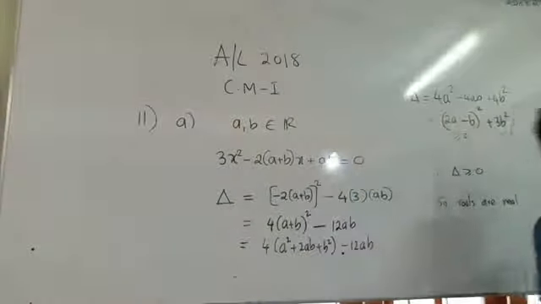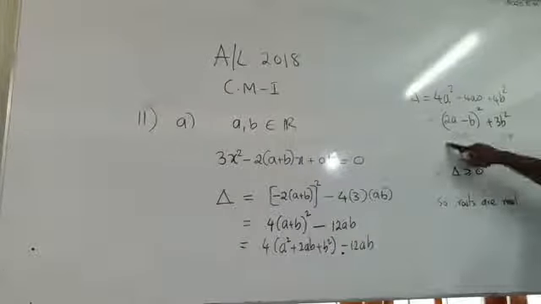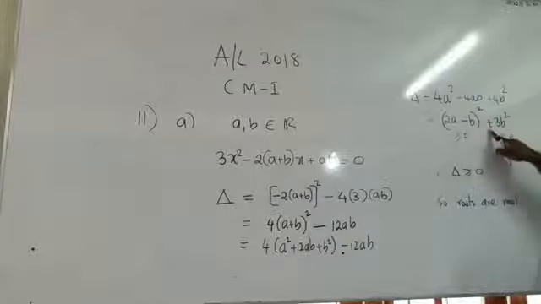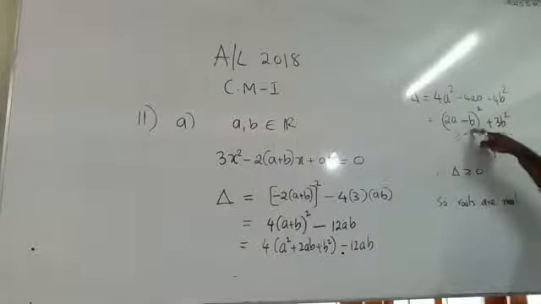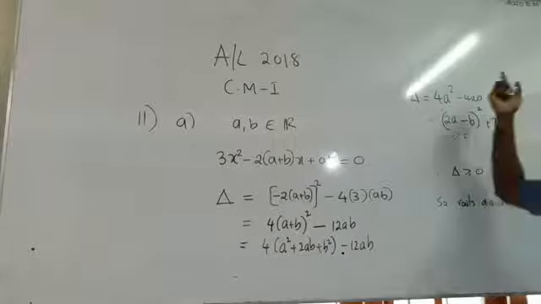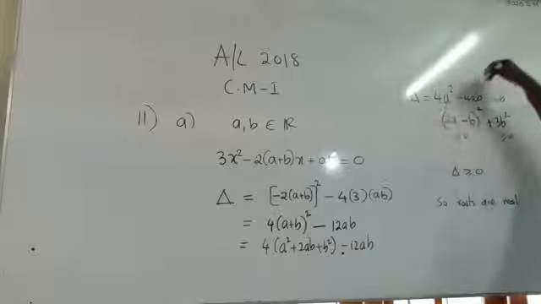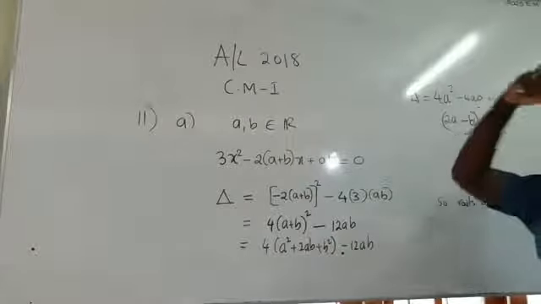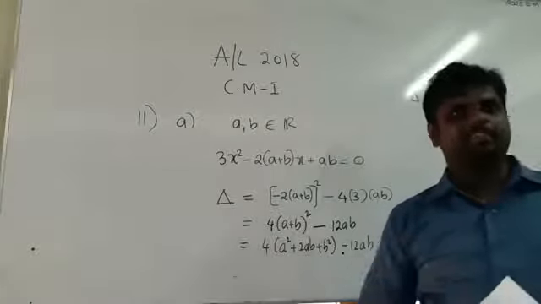Okay. Some other students can come up with: why don't I write (2a minus b) all squared plus 3b squared. You can also write (2b minus a) all squared plus 3a squared. Why? Because it's symmetric: 4a squared minus 4ab plus 4b squared is symmetric in a and b.